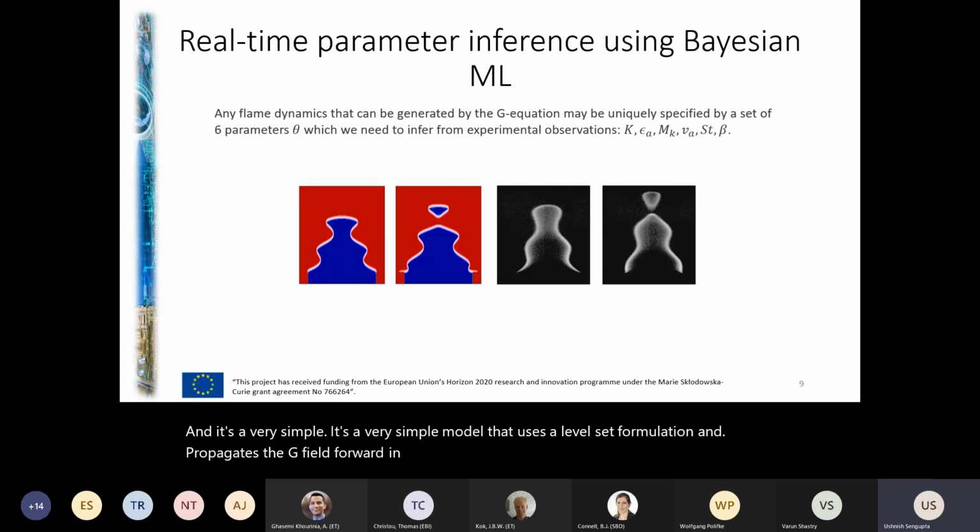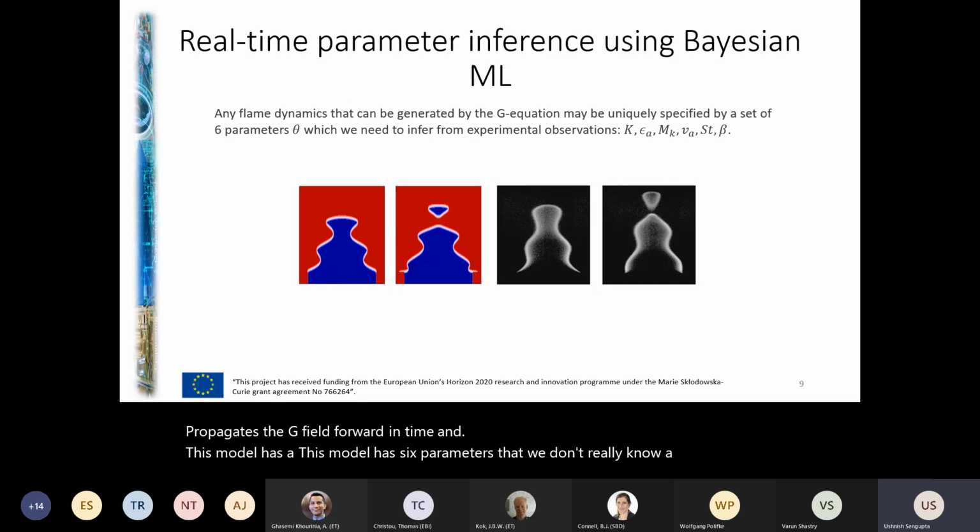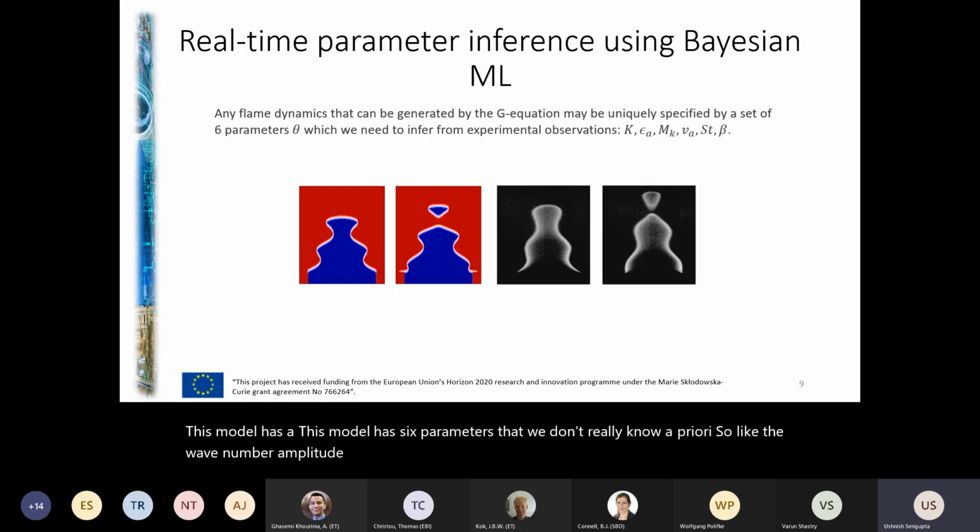This model has 6 parameters that we don't really know a priori, like the wave number, amplitude of the perturbation, Markstein length, parabolicity of the imposed velocity profile, Strouhal number, aspect ratio of the flame, and so on.